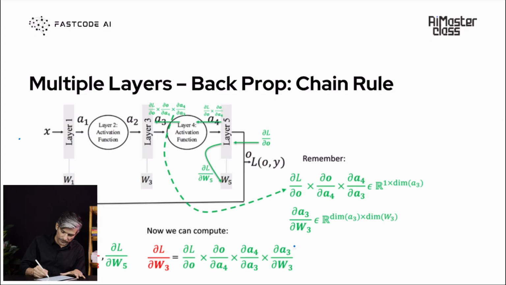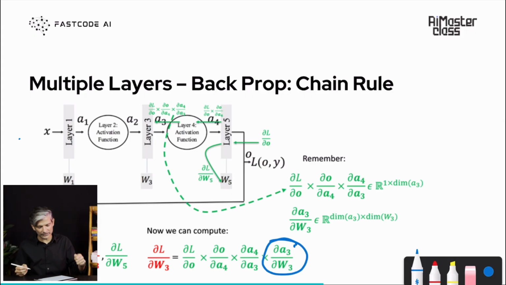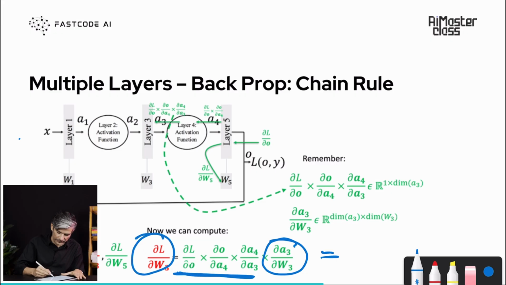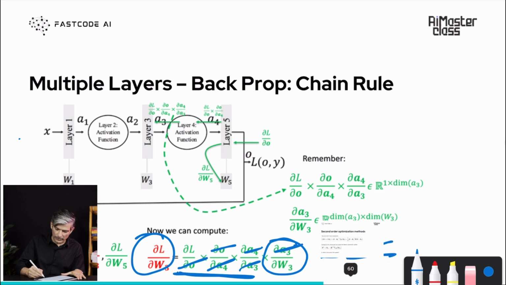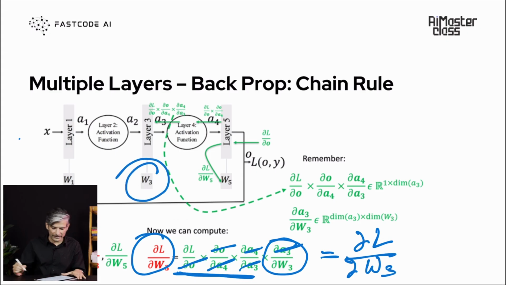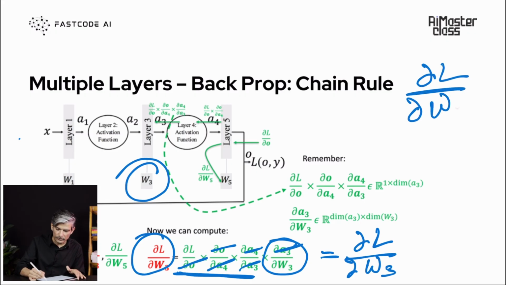So we use that Jacobian, which we just calculated independently in this layer, and the gradient coming in from the next layer, and look what this gives us. This gives us this quantity, because all this is nullified, and we get ∂L/∂W3, which is the quantity we are interested in. Why? Because then we can update the weights W3, but we are not able to find this derivative of the loss with respect to W3 directly.